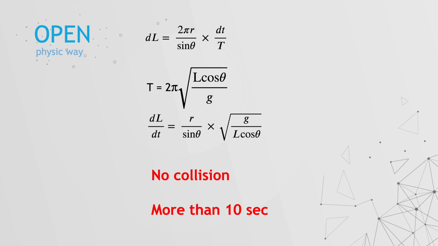So the speed of the mass should be close to 0 from the beginning, but this would make the time more than 10 seconds, and it is not really possible.